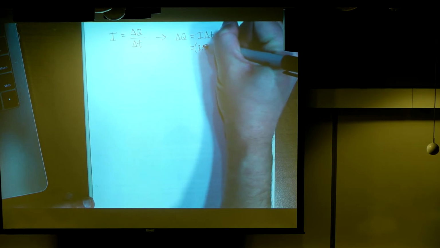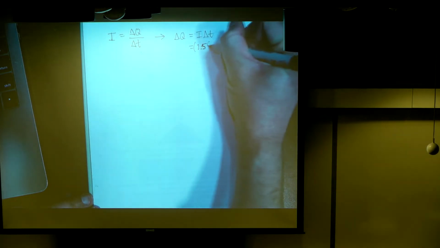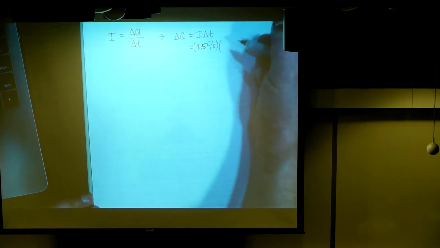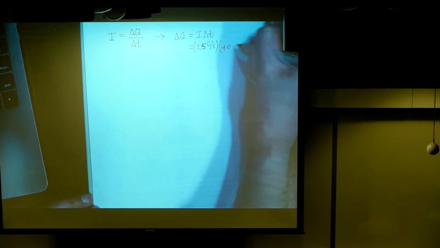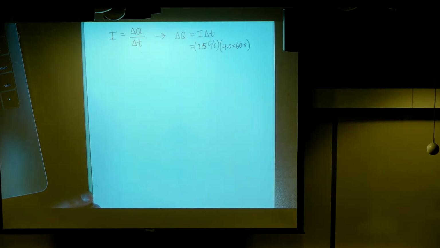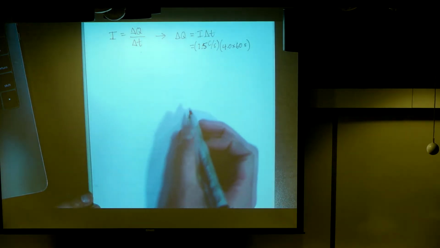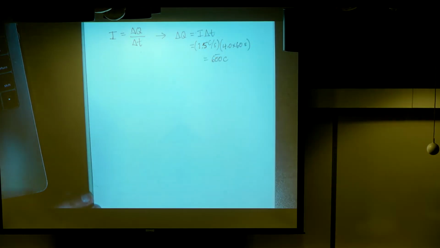And then we'll remember, what's the equivalent unit for an amp? That's coulombs per second. So our time is 4 minutes, but we better convert that to seconds. So 4 times 60 gets us to units of seconds. So this is the calculation you do to get 600 coulombs.